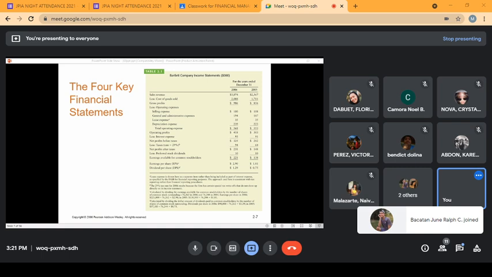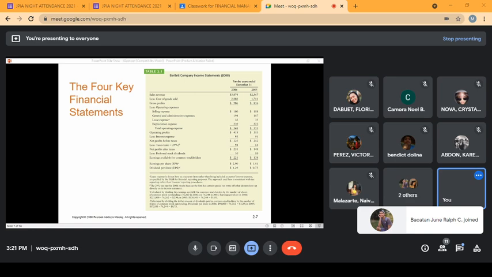For example, you want to check from 2016 until today, 2021, paano yung performance natin? Pataas po ba? Pababa? Akyat baba? That is the purpose of the time series analysis or trend analysis.